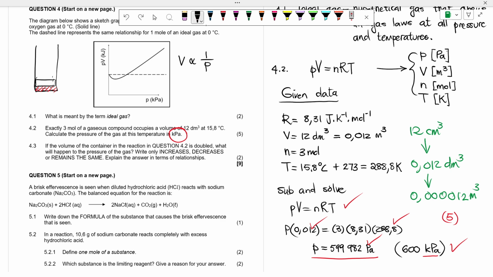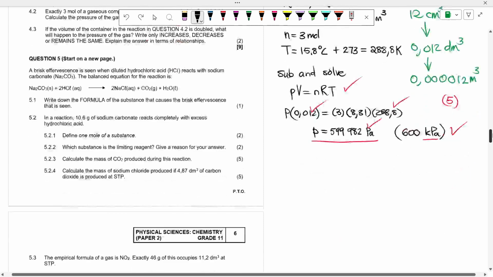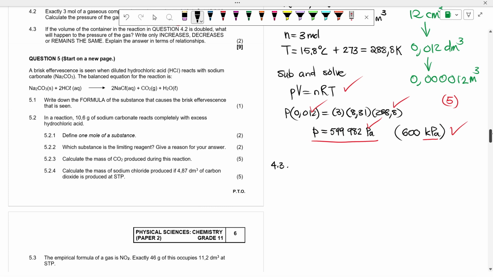Then if I double the volume, it means the pressure should be low. So to answer this question, pressure decrease, and to reason, let's say question 4.3. The pressure will definitely decrease due to inverse proportion. The reason is the inverse proportion. So you're just gonna write that.